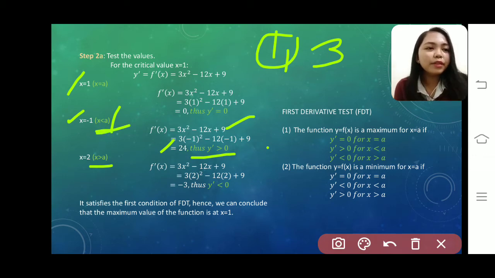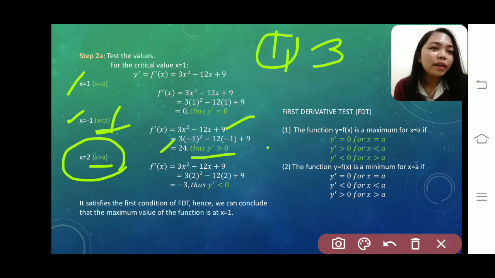So, how about naman dun sa pagpili nung value ng x greater than 1? So, be careful lang dito. Kasi, di ba, pag nag-pick ka ng values greater than 1, baka marating or malampasan mo, mag-overlap siya sa value ng 3.